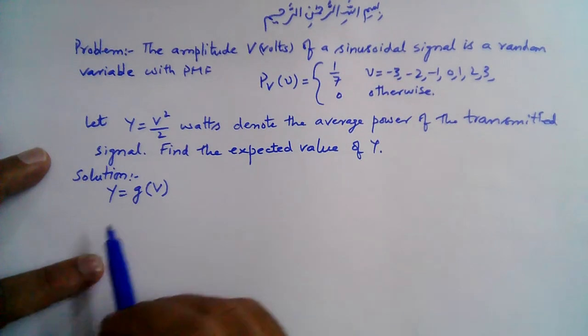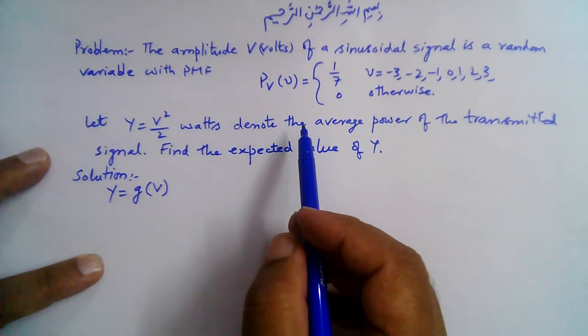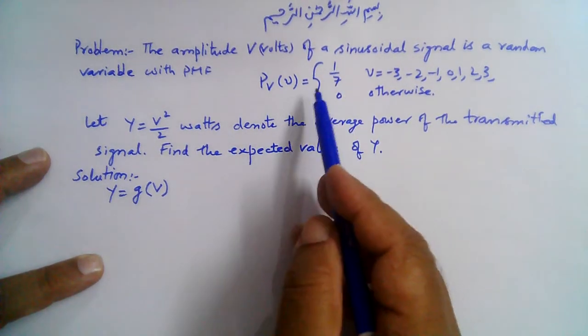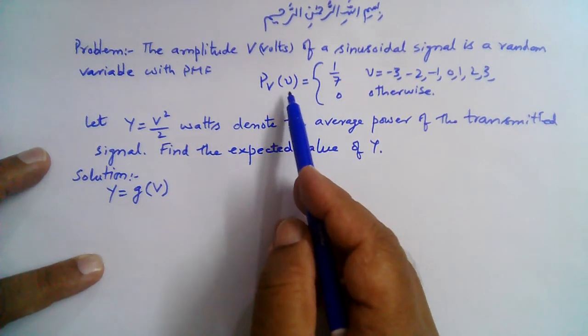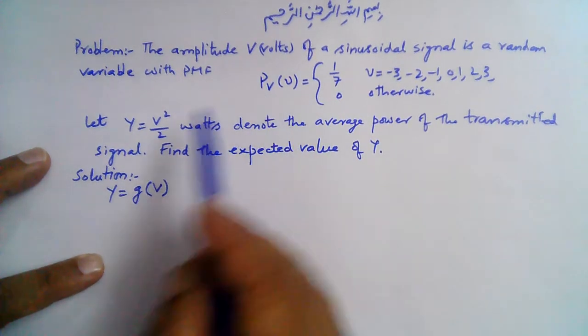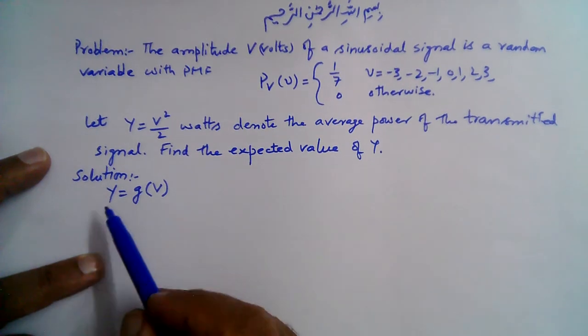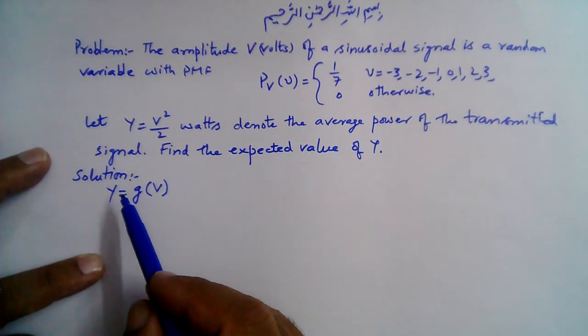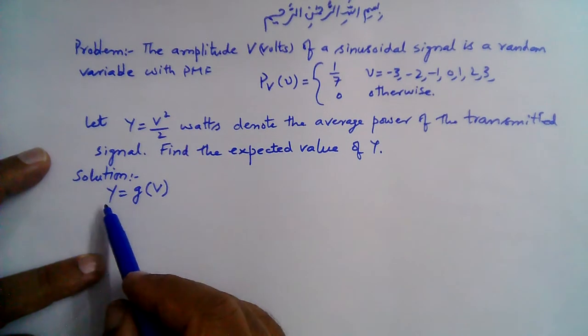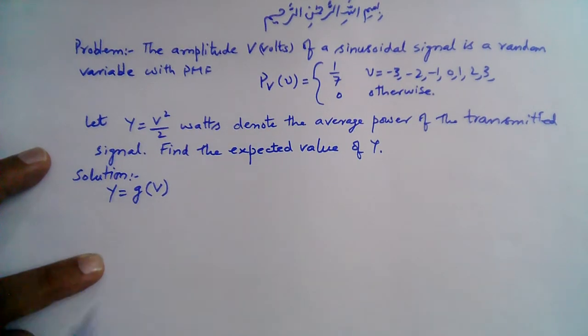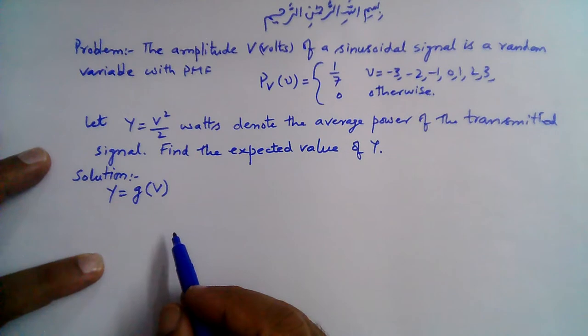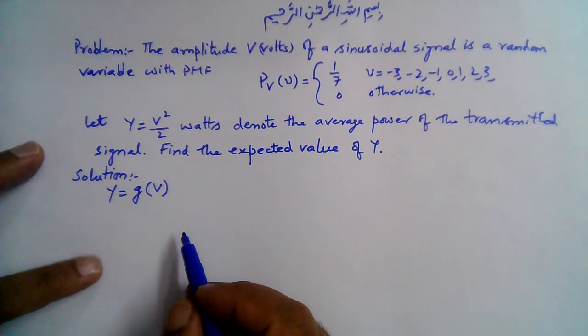Either we can find the value directly using this PMF of the random variable V, or we can find the expected value of Y by first determining the PMF of Y, and then from the PMF we can determine the expected value of Y. So first let us find the expected value directly, right?